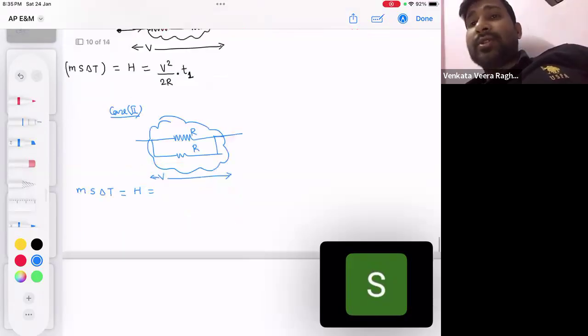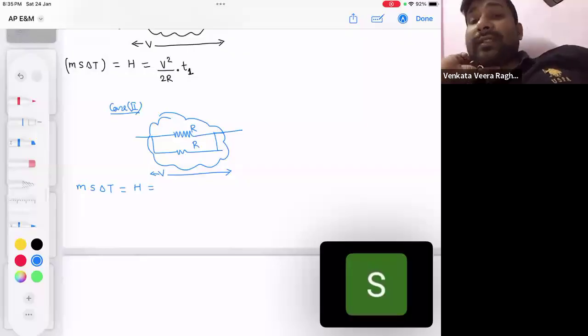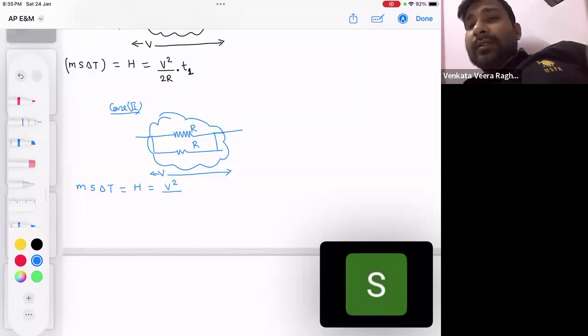Because I'm going to connect this heater again to the same circuit, isn't it? The voltage remains same in this one. So should I use V square divided by... look at this R and R combination. Is this R and R combination the parallel one?